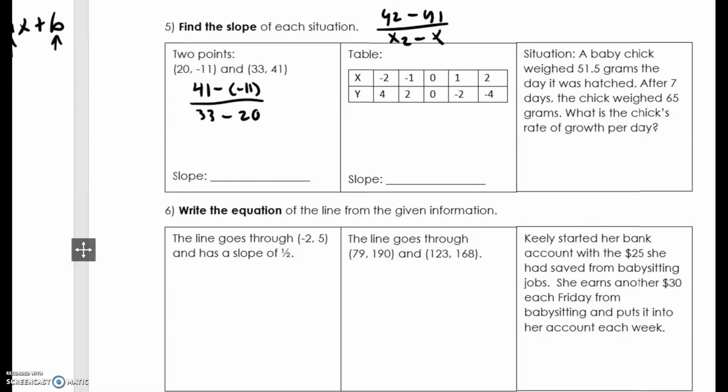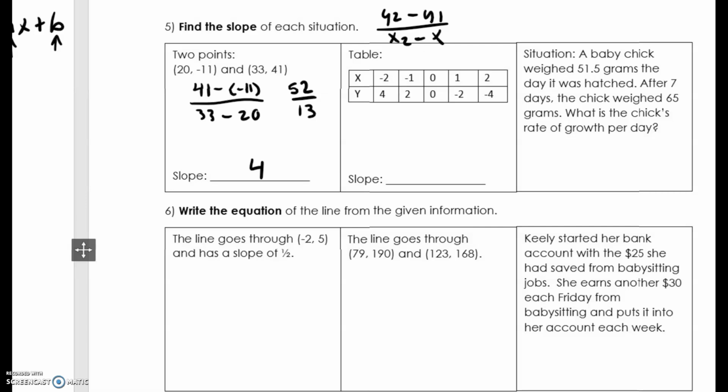If you're wondering where I got those numbers, I just plugged them into that formula, y2 minus y1 over x2 minus x1. And 41 minus negative means plus. So 41 plus 11 is 52. And 33 minus 20 is 13. I do need to see if that simplifies. If I do 52 divided by 13, it does simplify down to 4.